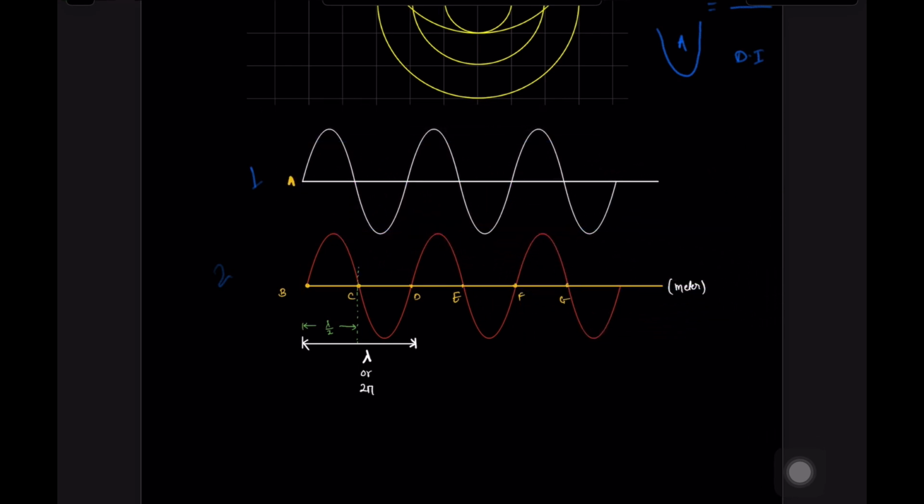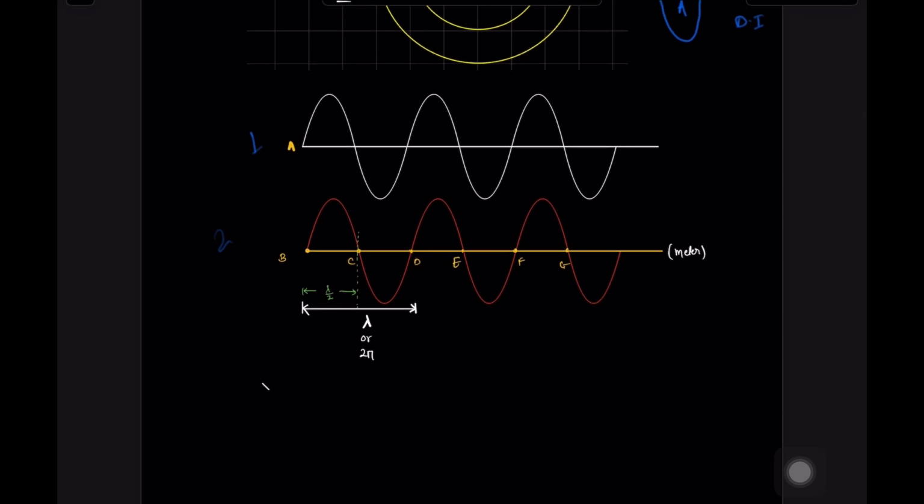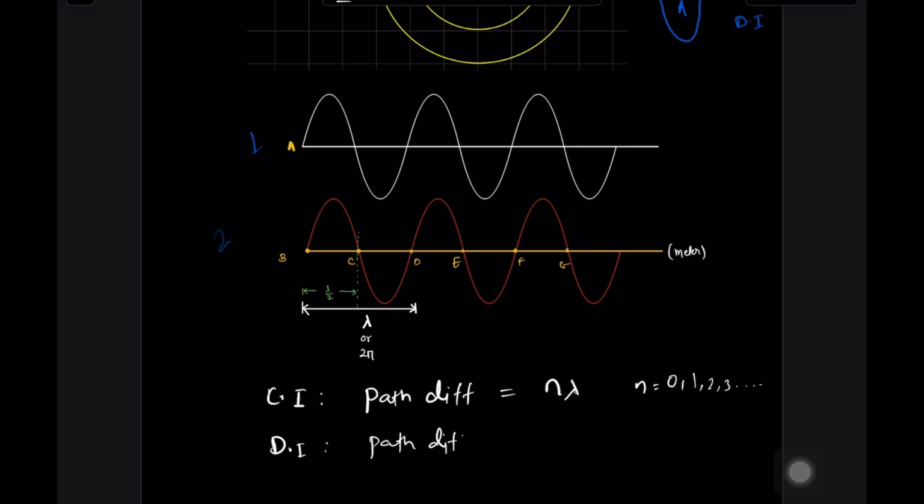This is the criterion which we need to write down: for constructive interference, the waves will add up when the path difference is n lambda, where n is an integer: 0, 1, 2, 3, 4 and so on. For destructive interference, the waves will destroy one another if the path difference is (n plus 1/2) lambda, where again n is 0, 1, 2, 3, 4 and so on.